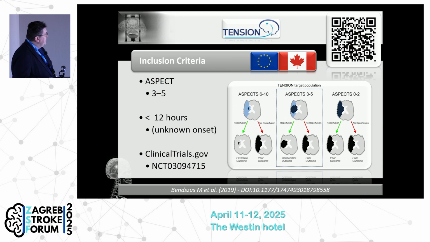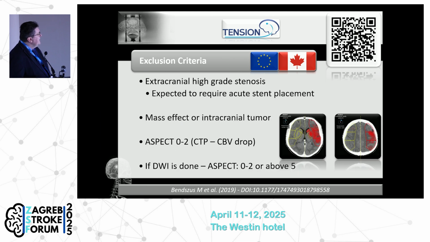We have been a part of the TENSION trial. As you know, there was an ASPECT score of 3 to 5 and less than 12 hours. And this is what we wanted to achieve, better improvement of clinical symptoms. But I want to mention one very critical and important exclusion criterion, which is high-grade extracranial stenosis, and it was not allowed to use a stent in this study.